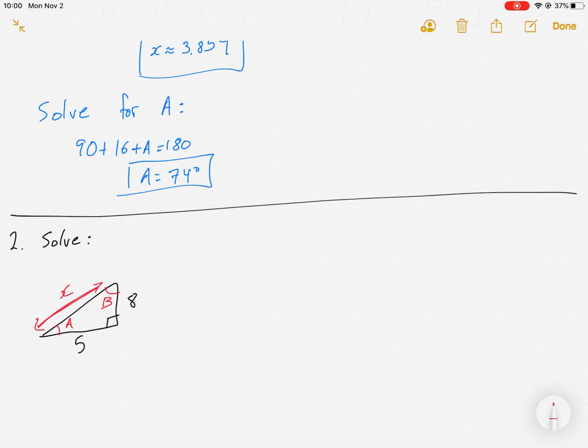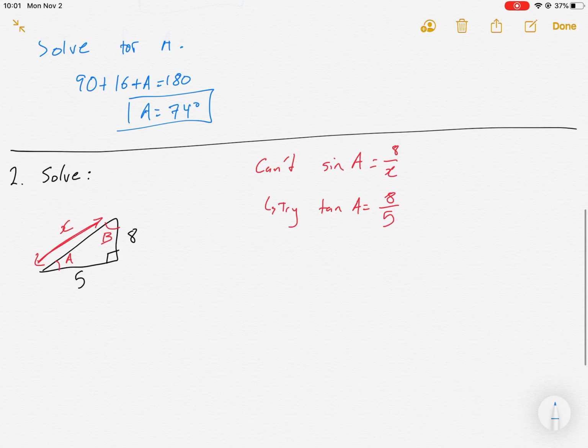Now notice we can't just do sine of some angle, for example A, because this would give me 8 over X, and there's too many unknowns in this equation. I could try doing tangent of A, because that would give me 8 over 5. So this is actually good because this is an equation with a single unknown.